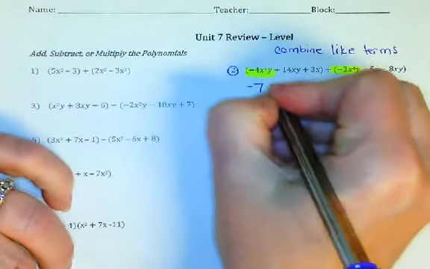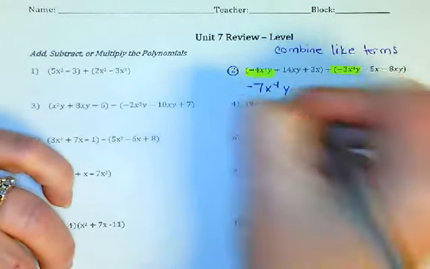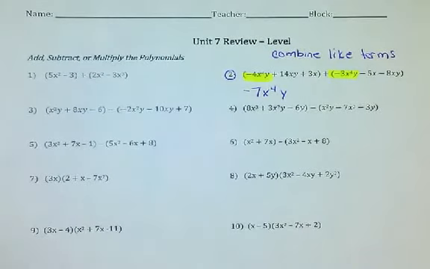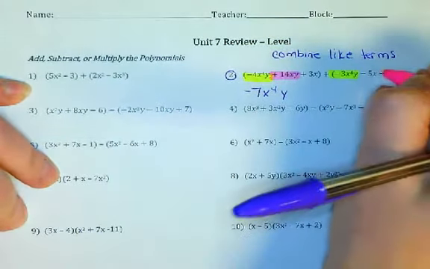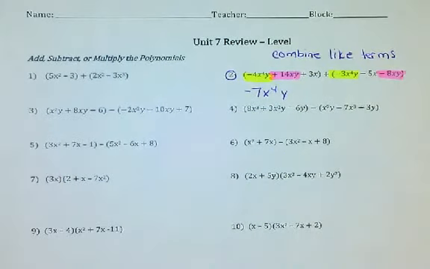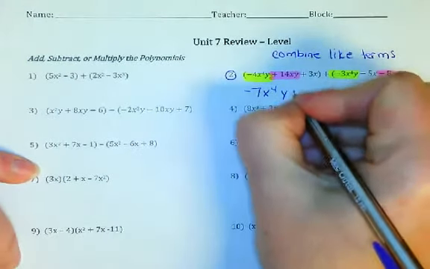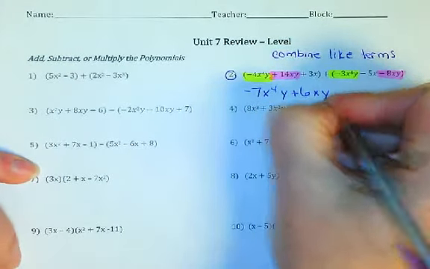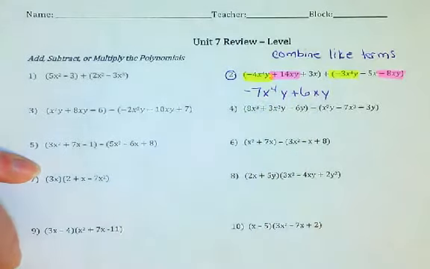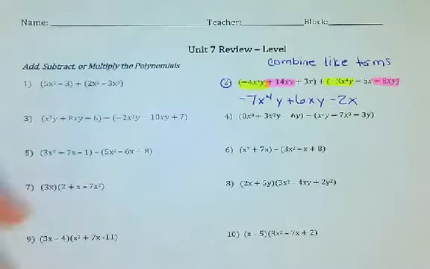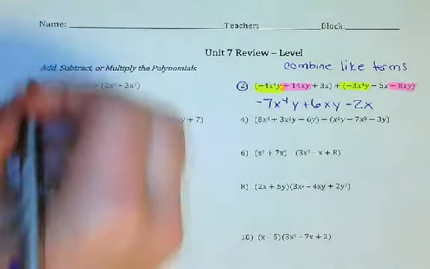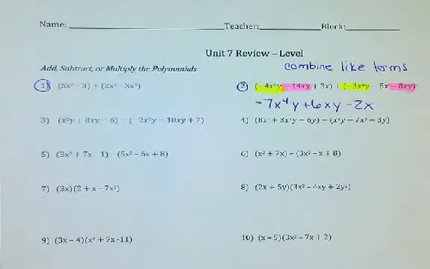Together that gives me negative 7x to the 4th y. I also notice that this has a 14xy and a negative 8xy, so that gives me positive 6xy, and then I have these x's here, and I have negative 2x. So again, you're just combining like terms. Same thing on number 1, combine like terms.